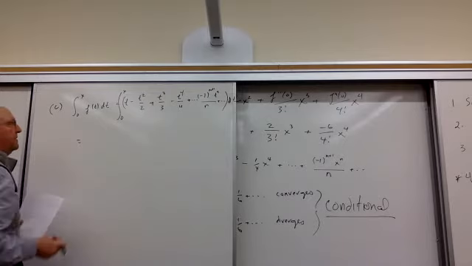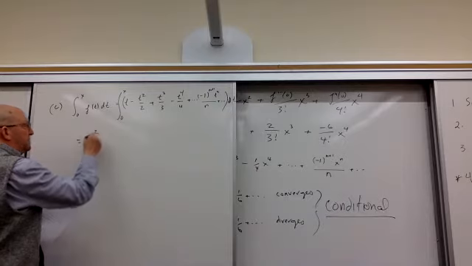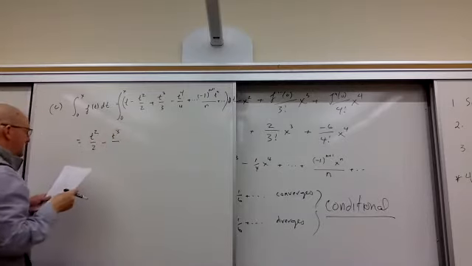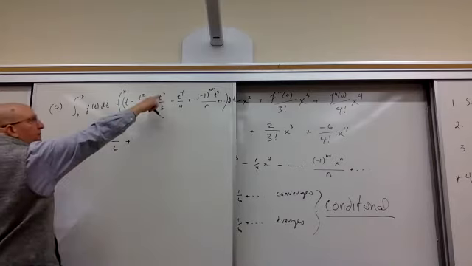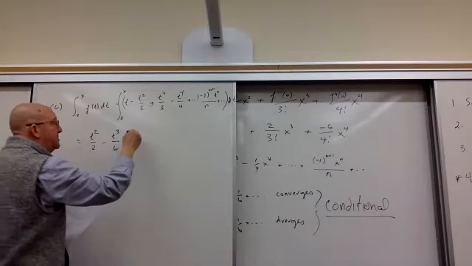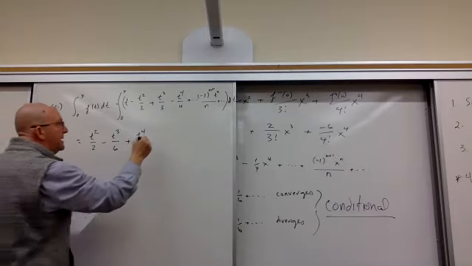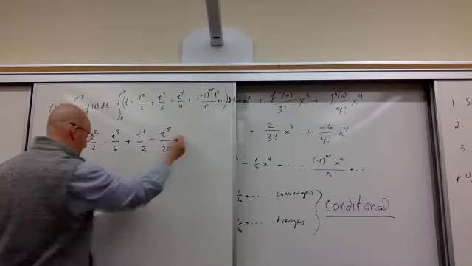We can handle this. Let's integrate. All right, so again, this will be t squared over 2 minus t cubed over 3 times 2 plus t to the 4th over 4 times 3 minus t to the 5th over 5 times 4.